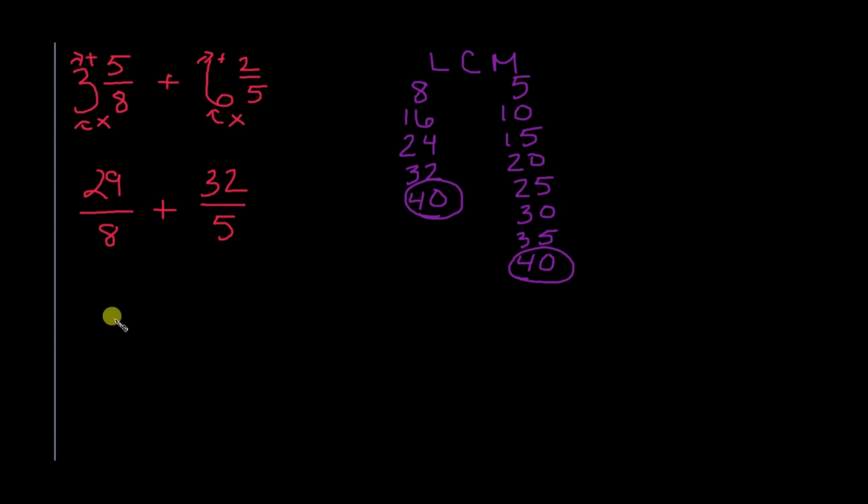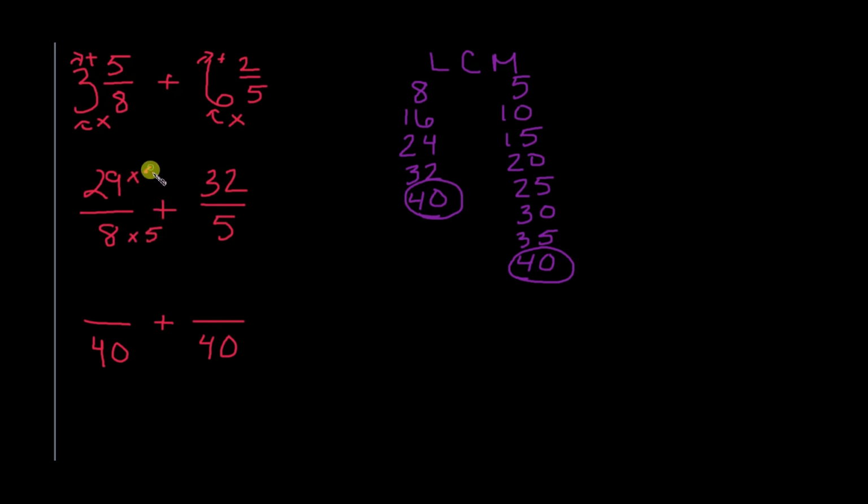So we know our denominator is going to be 40 for both fractions. Now you can say to yourself, how did I get from 8 to 40 by multiplication? Well, we multiplied 8 by 5. So if we multiply the denominator by 5, we have to multiply the numerator by 5.